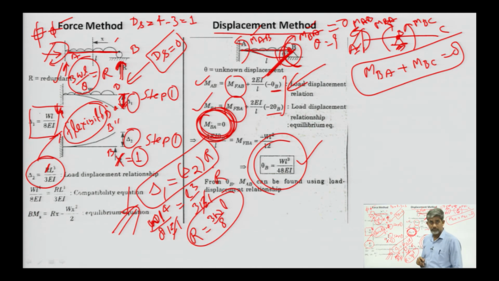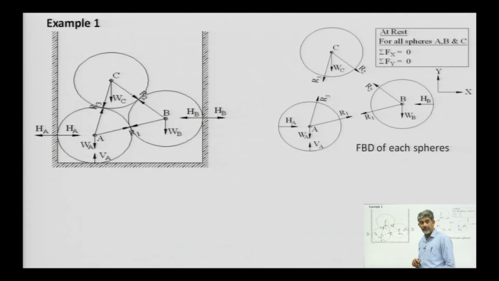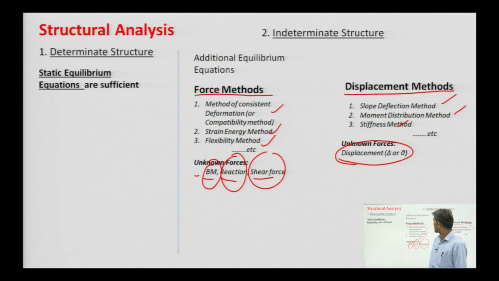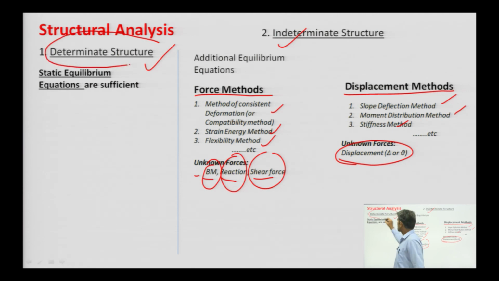So, this is the structural analysis for determinate and for indeterminate. In conclusion, we can say that for the analysis of determinate structures, we will use only static equilibrium equations plus additional equations given by certain internal hinges present in the structures.